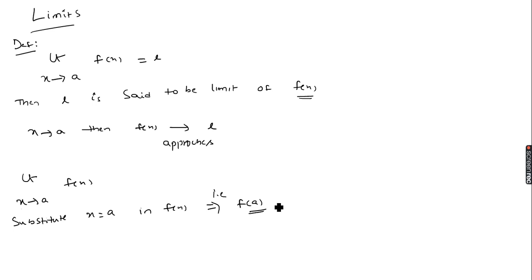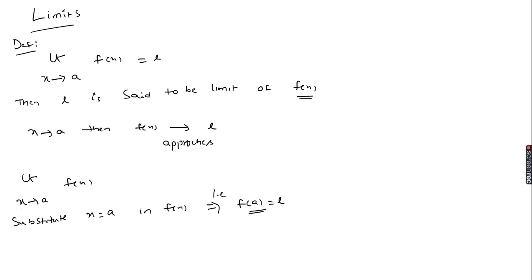This is nothing but the limit, that is equal to L. So what is the limit? The limit is nothing but, as x approaches a, the function f of x approaches L. Here L is said to be the limit. So what is the procedure? Just we substitute x is equal to a in f of x, then it becomes L.